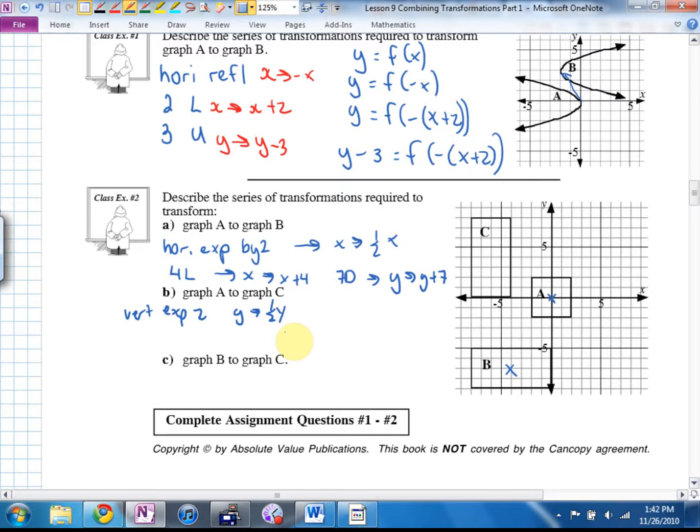Too symmetrical. Slides, well, here's the center of this one. How has it been slid? 7 or 6? 6 left. That means they replaced x with x plus 6.